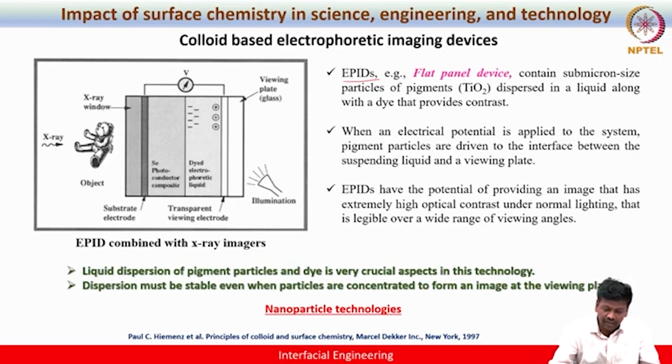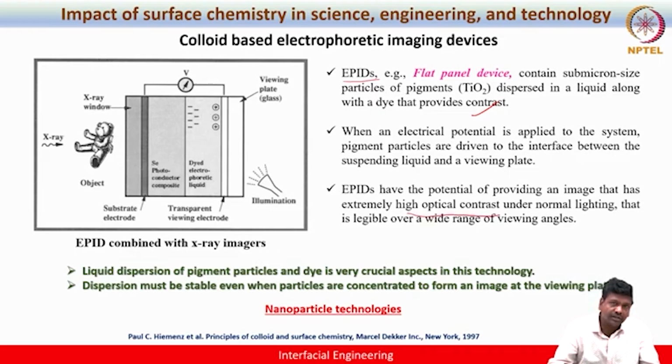So the dye molecule here is to provide the contrast, whereas the TiO2 is to provide high optical contrast even under normal lighting. So the reflective property as well as the absorbing property are coupled together in this application, right? Together they provide a very high optical contrast even under normal lighting.